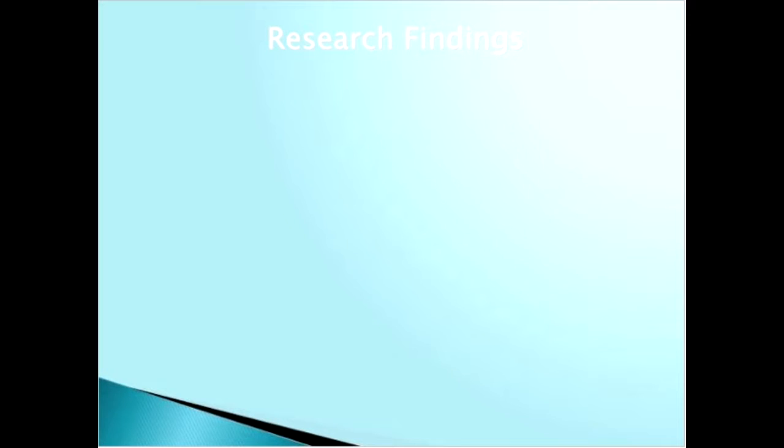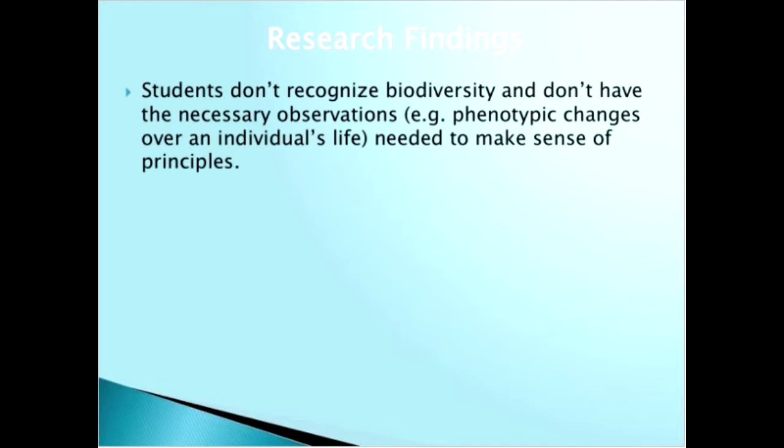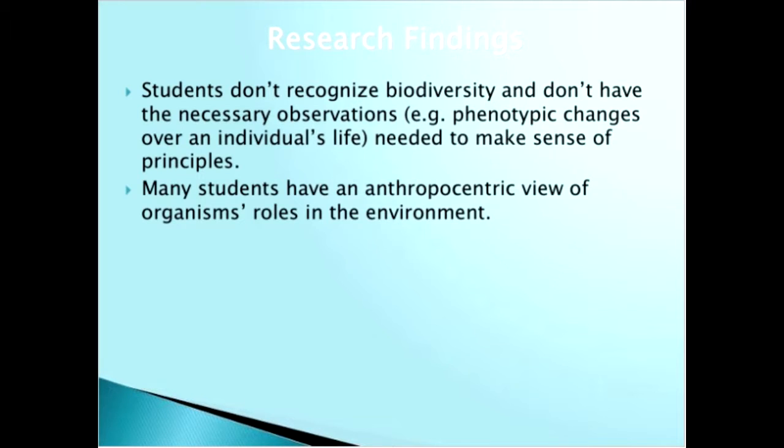So if we were to summarize the findings from the biodiversity as a whole, first thing is we've learned, and this includes not just this example but other questions, that students don't really recognize biodiversity and don't have the necessary observations needed to make sense of the principles. So for example, they're not seeing phenotypic changes in populations, and so forth. Many students have an anthropocentric view of organisms and their role in the environment.